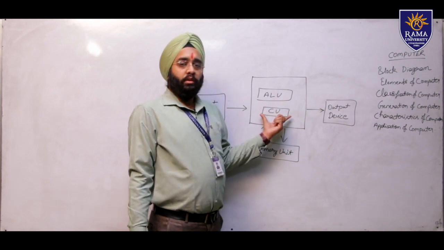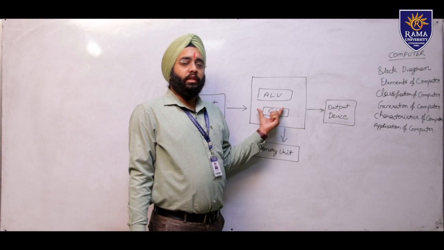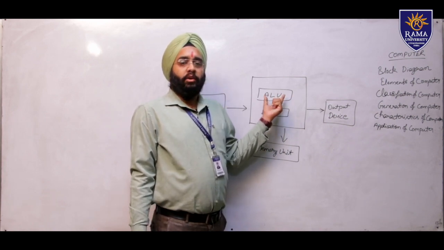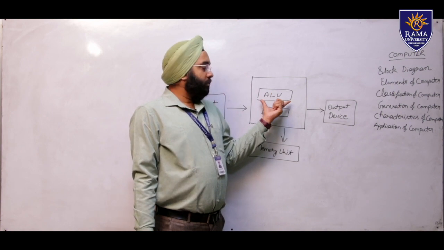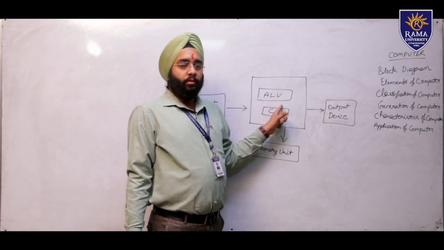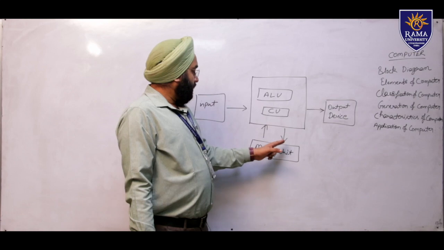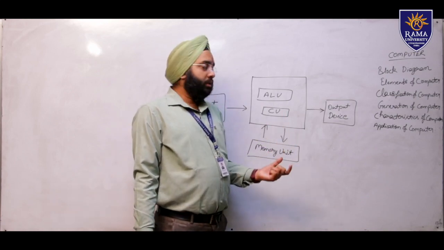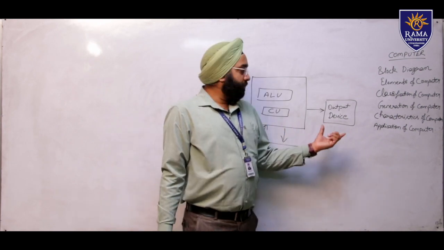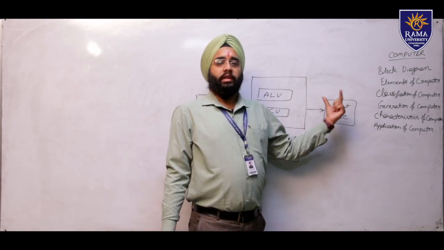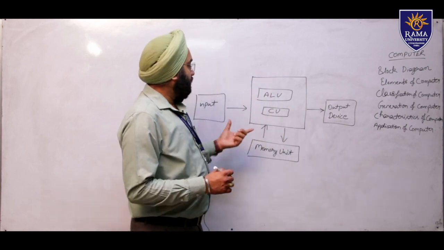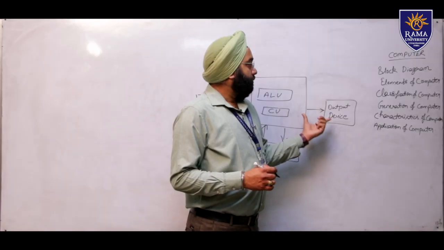The CU, called the control unit, controls all the instructions given by the processor, and the arithmetical and logical calculations are performed by the ALU. Simultaneously, the memory unit works to store the data as well as the information to process, and with the help of the output device we can see the results of our work. So this is a block diagram of a computer system.